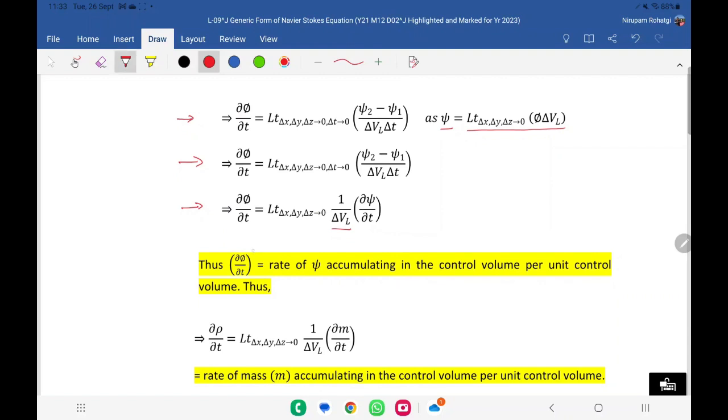Now what is this del phi by del t? You can read from here what it is: rate of psi accumulating in the control volume per unit control volume. So del phi by del t is what? Del psi by del t per unit volume. So this is the physical quantity which we know.